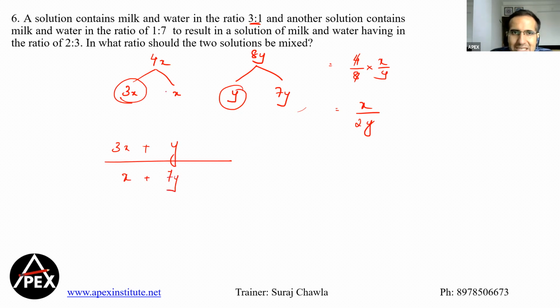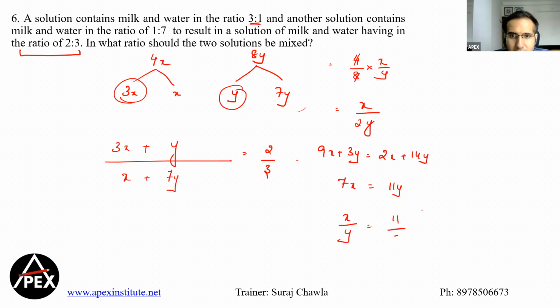Now, this is the ratio of milk and water in the end. Now, that is equal to 2 by 3. So this becomes 9x plus 3y is equal to 2x plus 14y. Or we have 7x is equal to 11y. Or we have x by y is equal to 11 by 7.